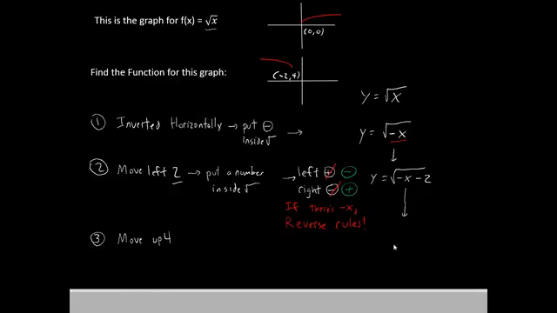Now let's continue on to the third step. We want to now move up by 4. And remember, if you want to move up or down, we're going to put a number outside of the root. Also remember that if we're trying to move up, the number is positive, and if we're trying to move down, the number is negative.